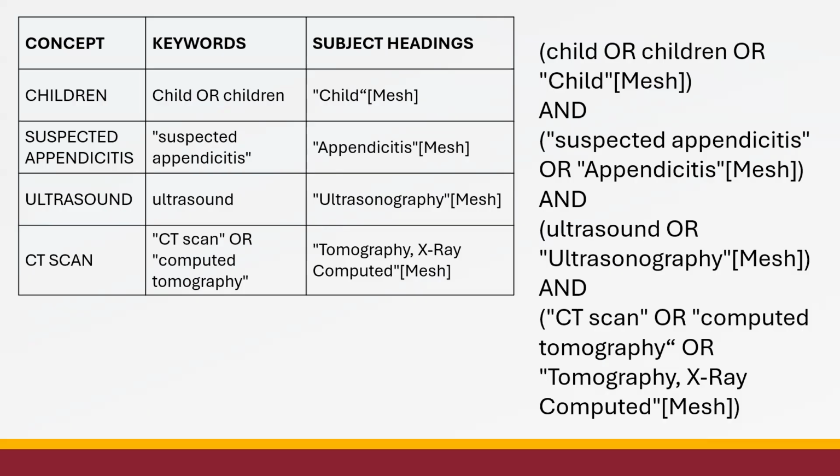Otherwise, it just won't work. Essentially, the brackets with the MeSH are telling PubMed to search just that MeSH section of all of the metadata of the article records for these terms. So if the term is not correct, it's not going to find any results in that MeSH data.